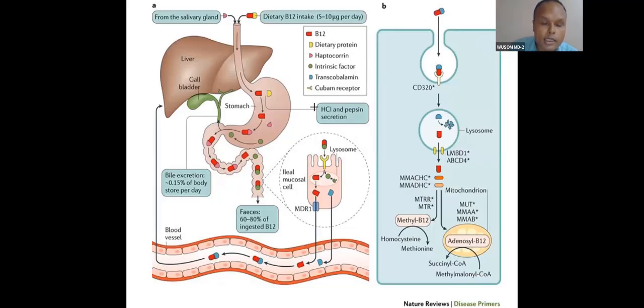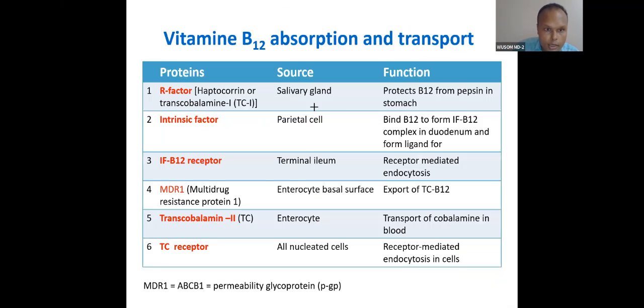Now, let's see about digestion and absorption. Digestion will not happen, only absorption. I told you this, remember this table. You can see R factor protects from acid and pepsin, the stomach environment.